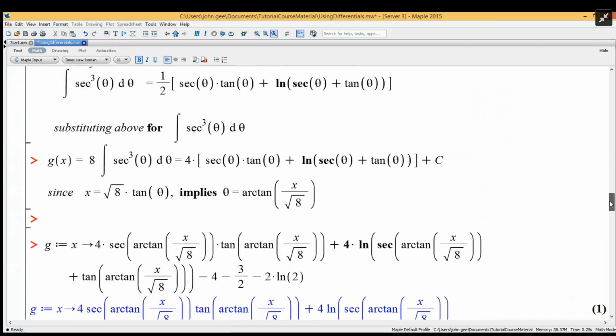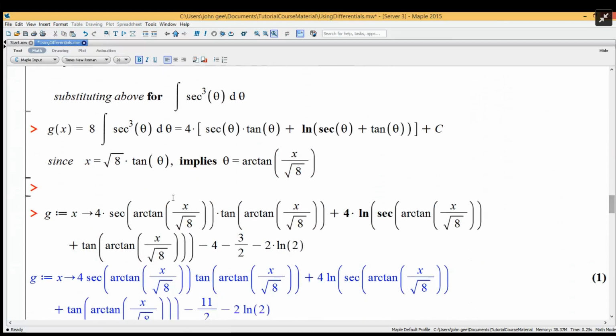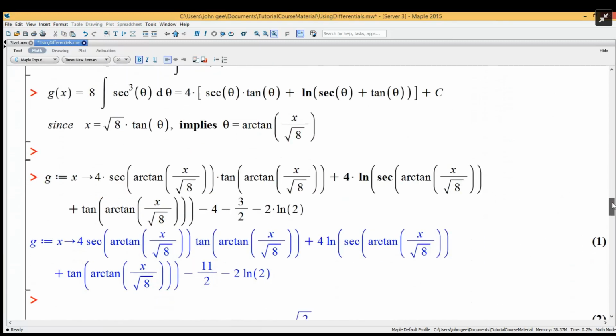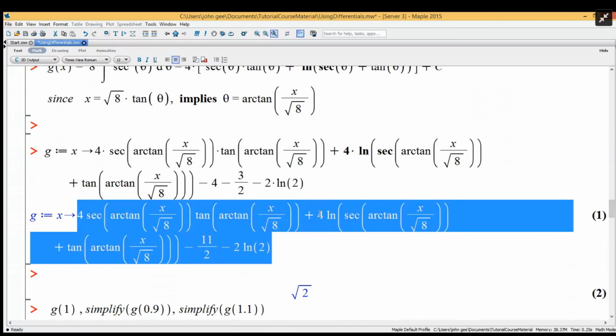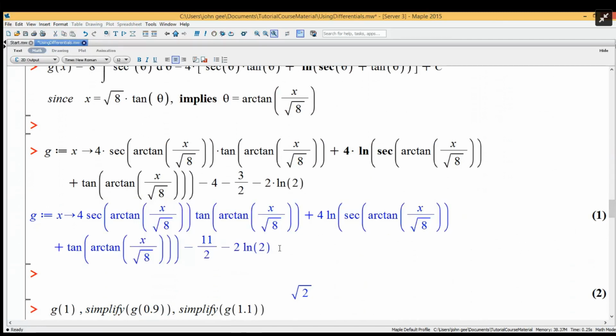Our final formula for the function is 4 secant of the arctan times the tan of the arctan, plus 4 times the natural log of this plus this.